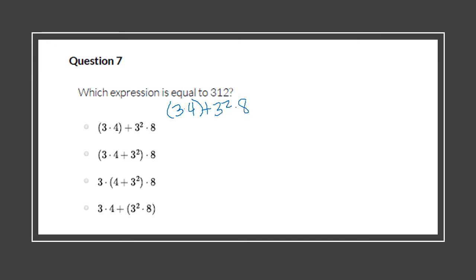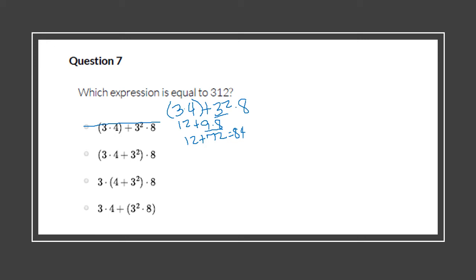So the first thing I have to do is parentheses and then exponents. Okay, then I need to multiply and add 12. And that gives me 84. So that's not going to give me 312. So that's not an option.